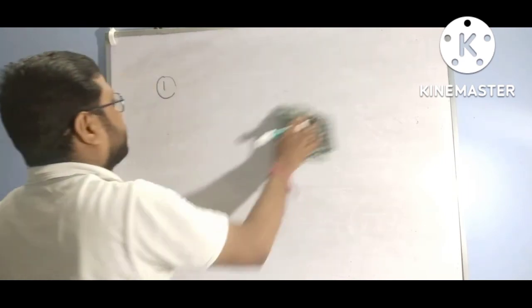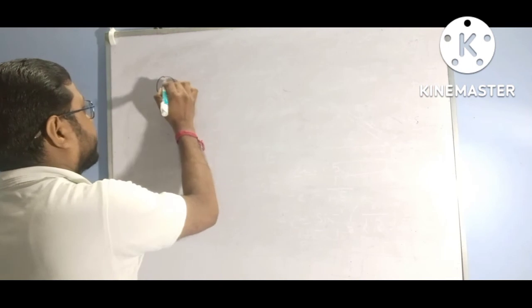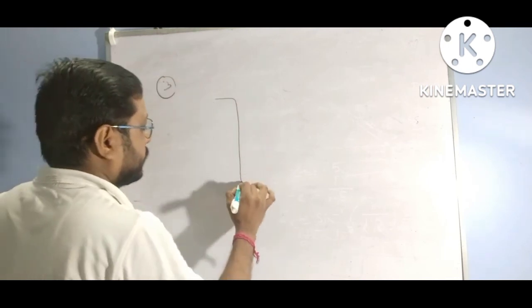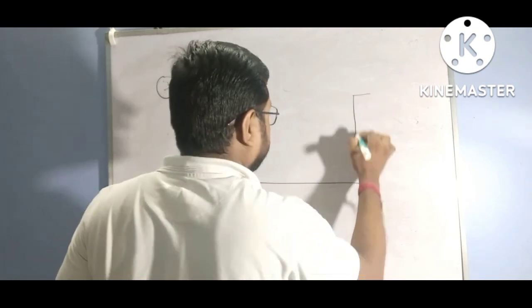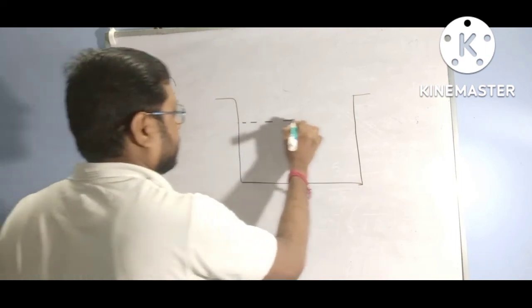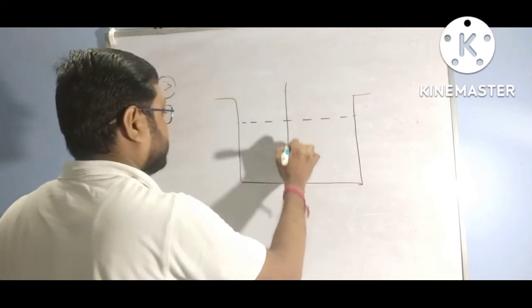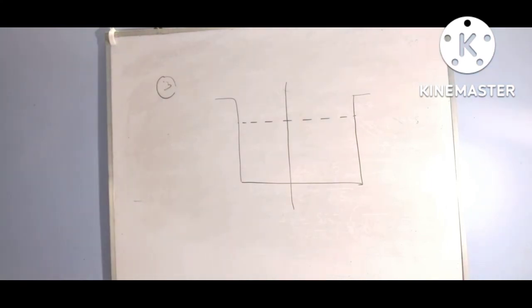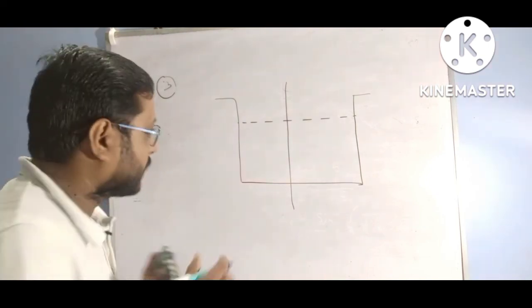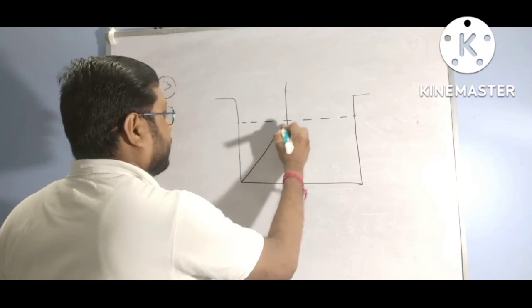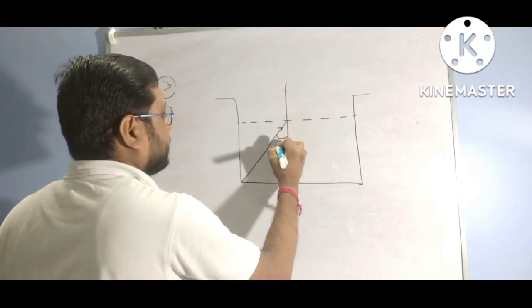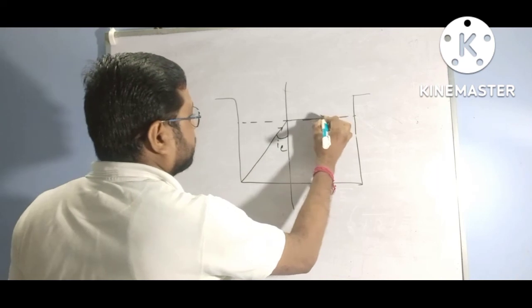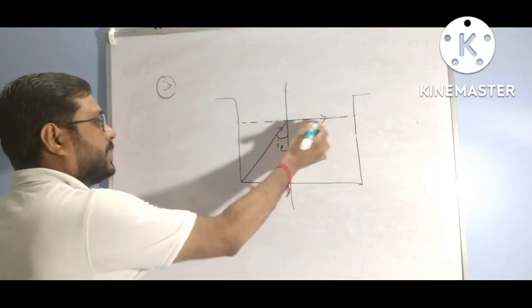Total internal reflection. In a beaker, this is the normal. Now a ray of light goes along this, this is IC, so the refracted ray goes along the interface of the medium.